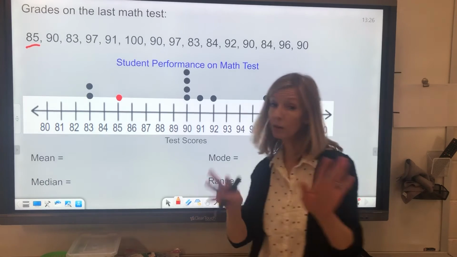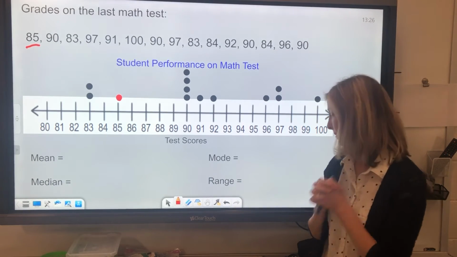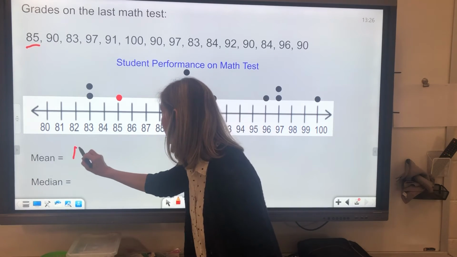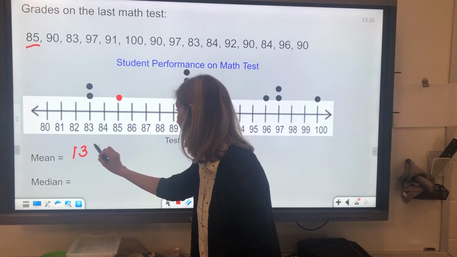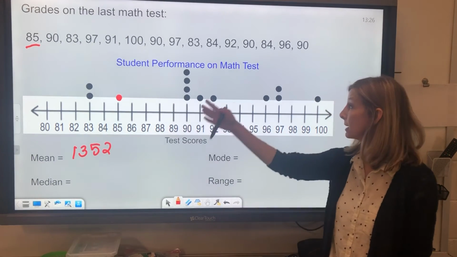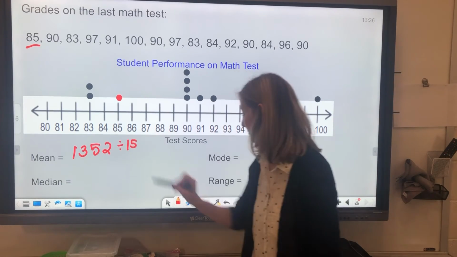Here would be a great time for you to pause and try to do it yourself, and then check the answers. So this comes to 1,352. And remember, we're dividing by however many dots we see up here, which is 15.